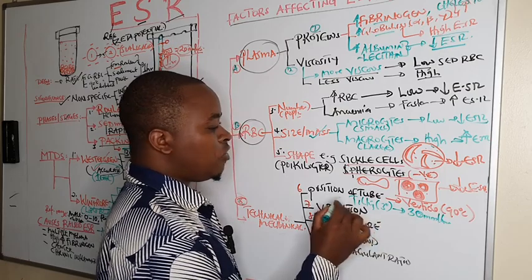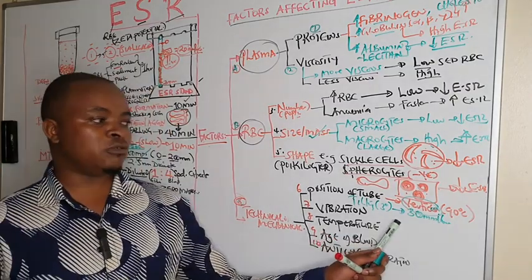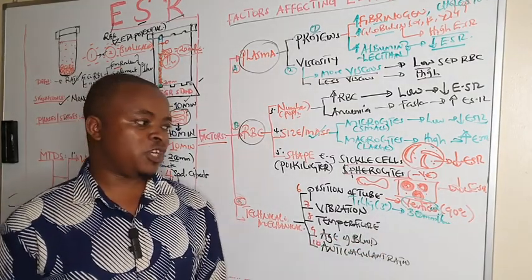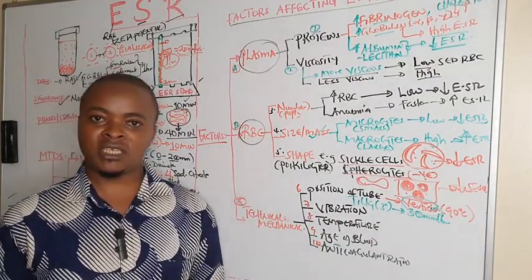So we must always ensure that the position of the tube is vertical, or at a perpendicular angle, which is 90 degrees, to prevent raising of the ESR.